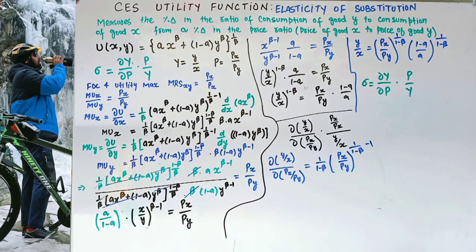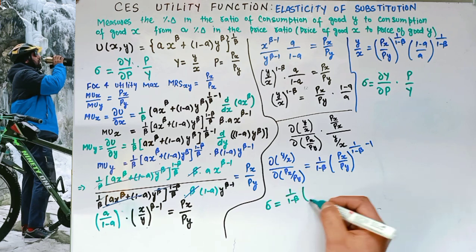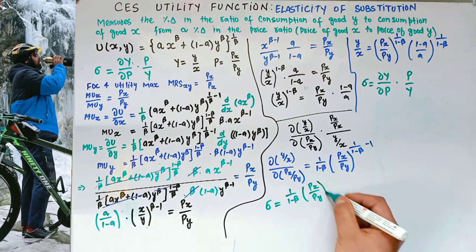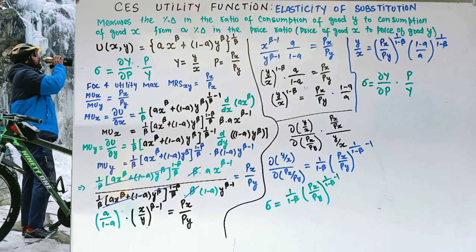Nothing unusual here. So using this formula, the elasticity of substitution will be equal to 1 upon 1 minus beta times px upon py raised to the power 1 upon 1 minus beta minus 1.